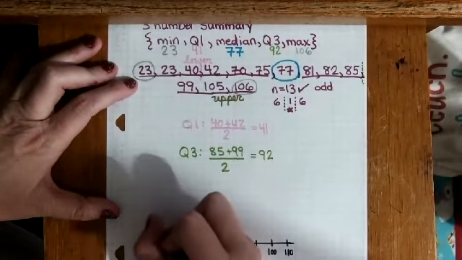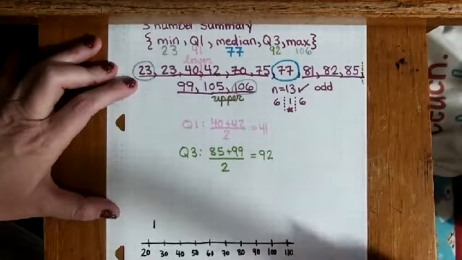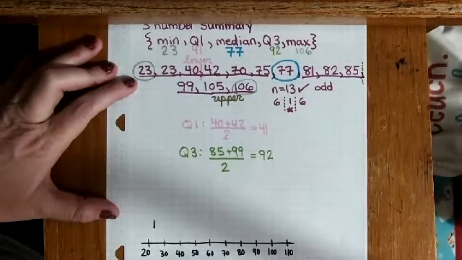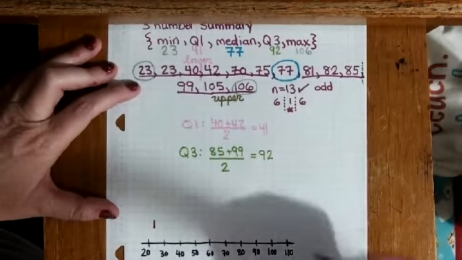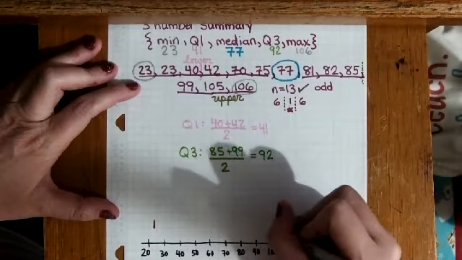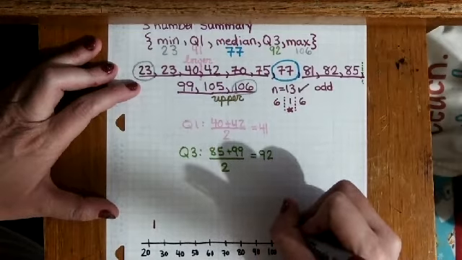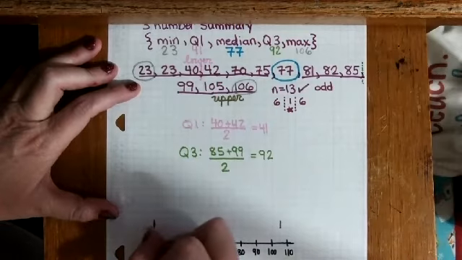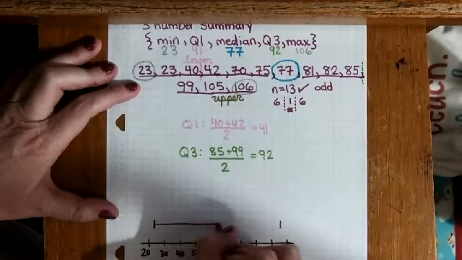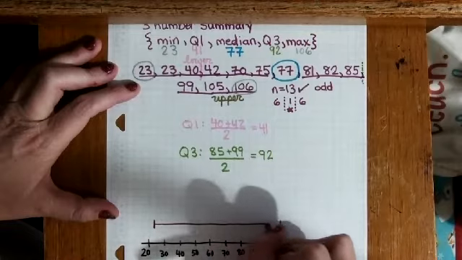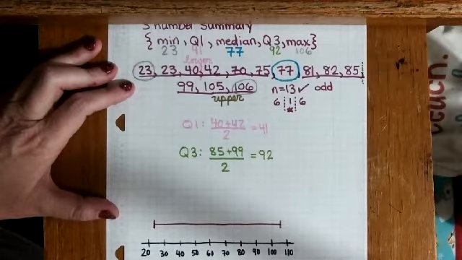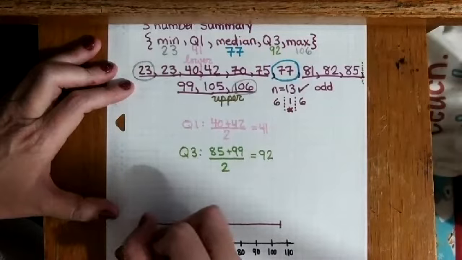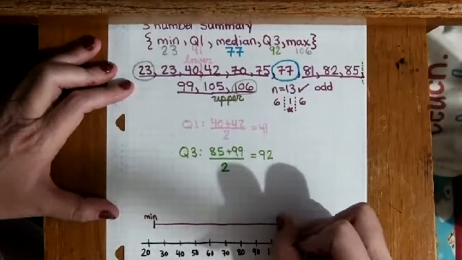So you draw a small vertical line at about the 23 above your scale, and draw another small vertical line at about the 106, and then connect them with the long horizontal line, which is your whisker, your cat whisker or dog whisker. Now, that's what the whisker tells you. The whisker tells you about the min and the max.